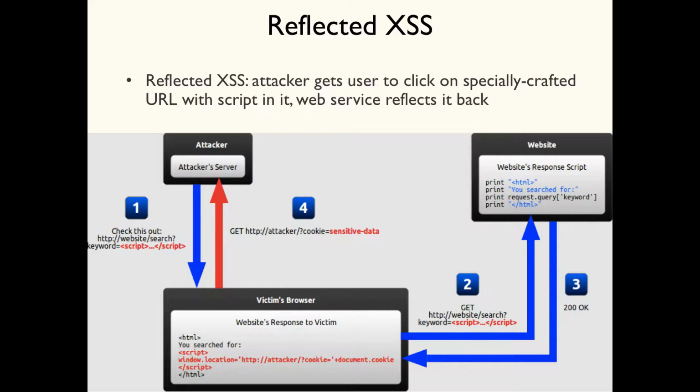Any questions? Yeah. So let's say there's a limit on the characters that you can put in the URL. If you hosted the malicious JavaScript remotely and included it as a remote reference in the URL, would it not work for getting cookies because it's on a different domain?